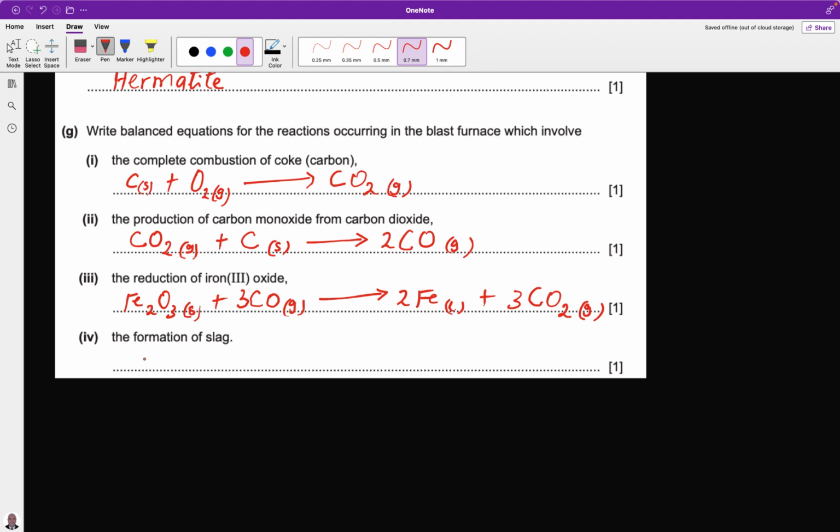So we have calcium oxide, which is solid, plus silicon dioxide, which is still a solid.